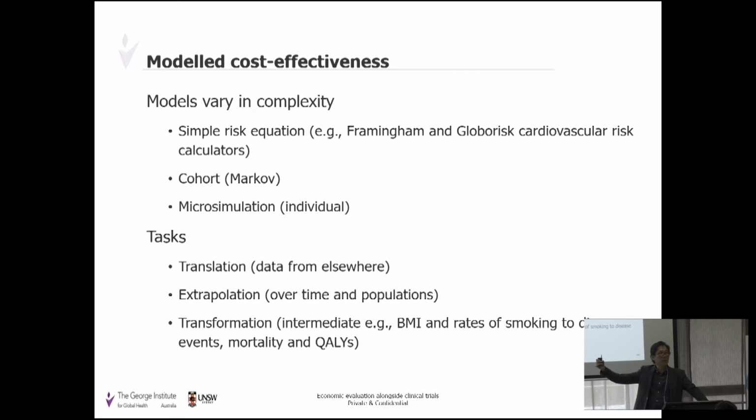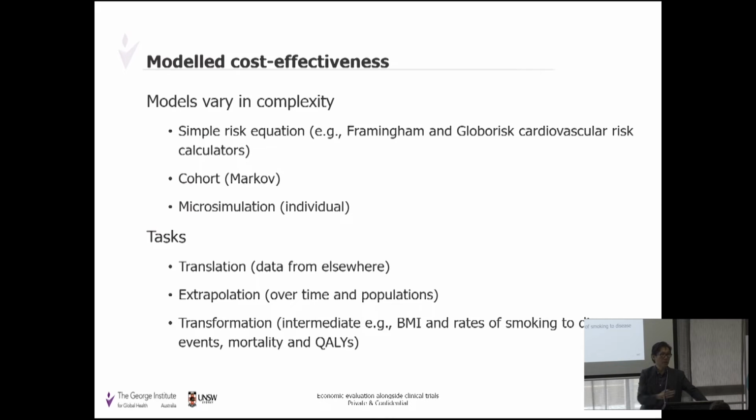It ultimately enables you to, so there are three jobs actually with modelling and economic evaluation. One is translation. That's translating data that's been collected elsewhere from a different context, maybe with a population with a different background risk, and you translate that data to your population. The second role of modelling is extrapolating.